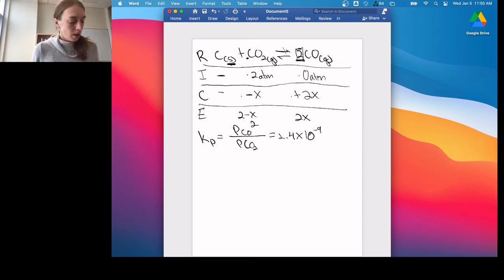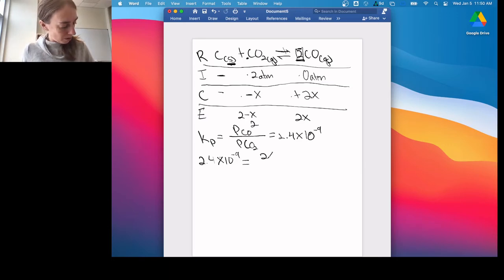Okay, so we can plug these values from our RICE table in, and we have 2.4 times 10 to the negative 9th equals 2x squared over 2 minus x.